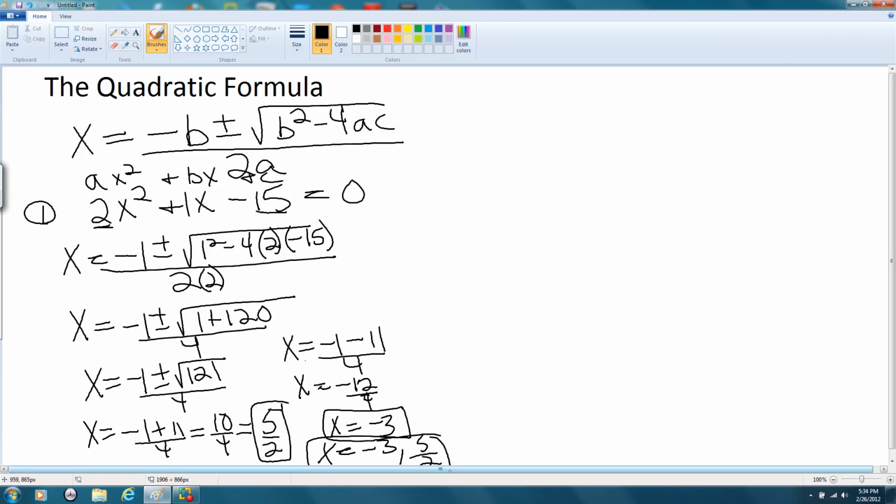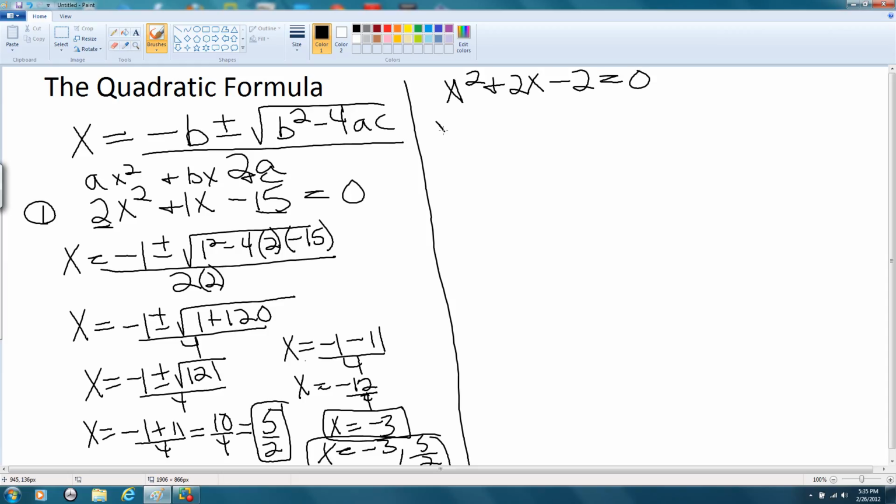I'm going to do another one, and this one happens to come out with irrational numbers, which is okay. So this one's going to be x squared plus 2x minus 2 is equal to 0.